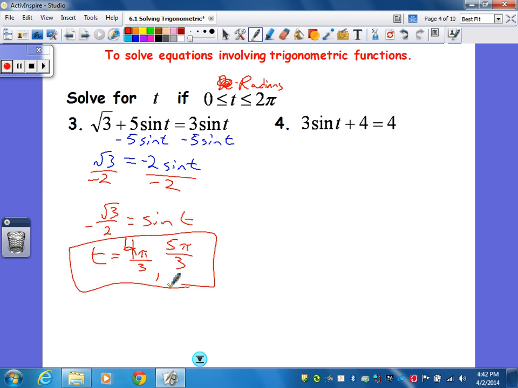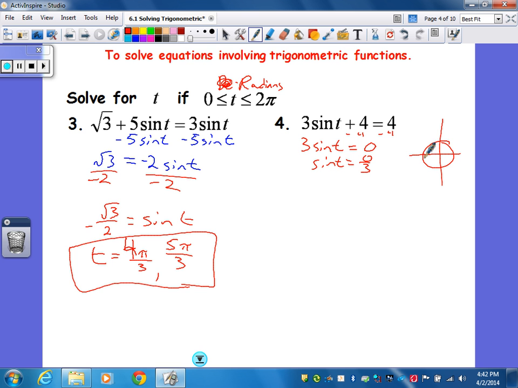So now we want to get the sine once again, all by itself. So we have 3 sine t, and I subtract 4 equals 0. So sine t equals 0 over 3, because I divided the 3 out. So now we need to figure out where sine of t on the unit circle is 0.